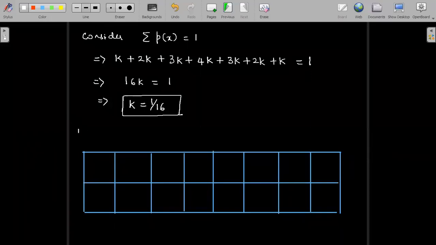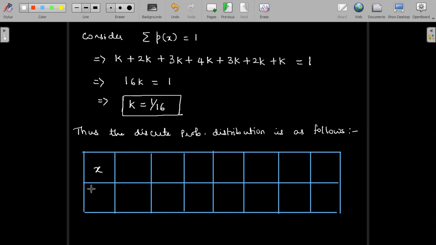Thus, the discrete probability distribution is as follows. I've just prepared a small table wherein I can put the x values and the p of x values.